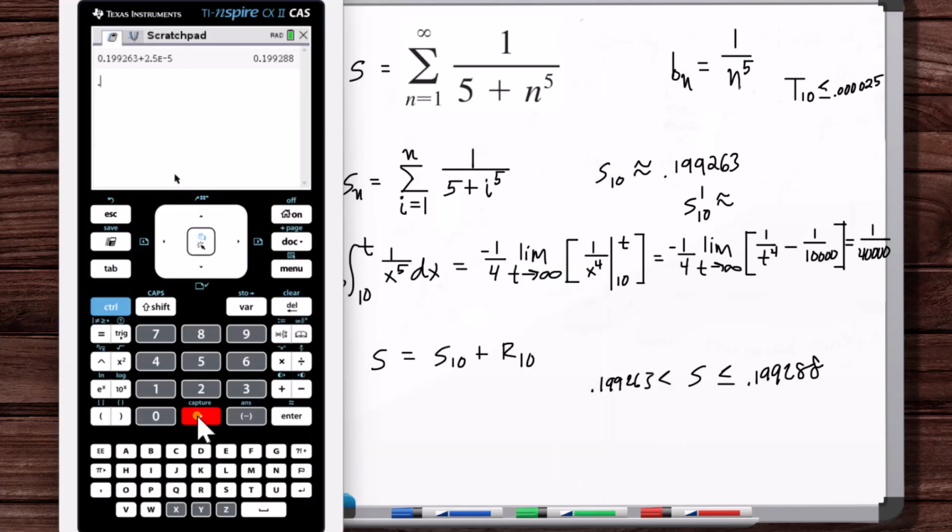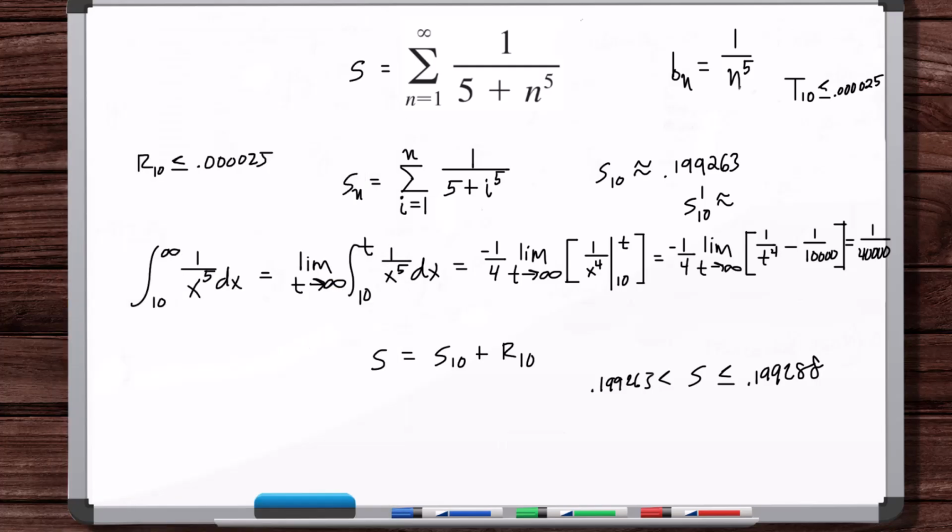So it's 0.199288 minus 0.199263, divided by 2, plus 0.199263, which is 0.199276. So this is a better estimate of the infinite sum.